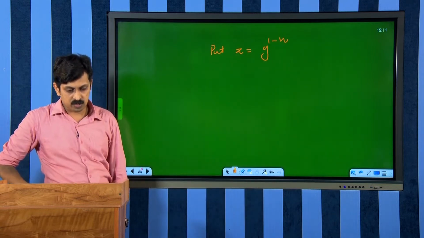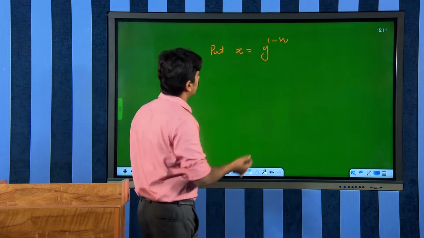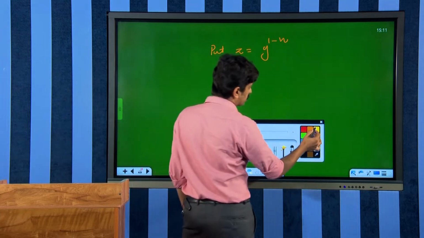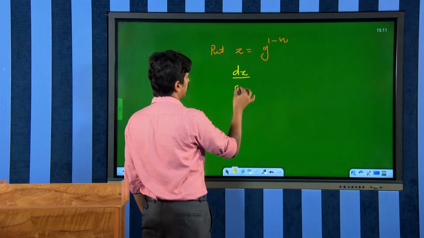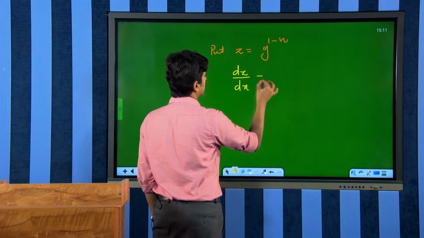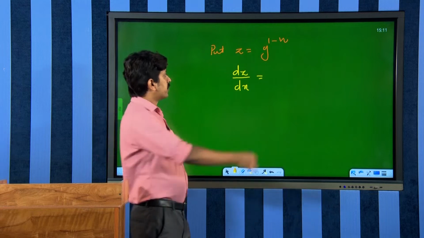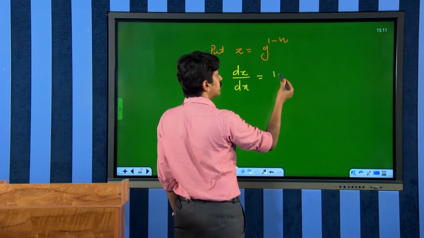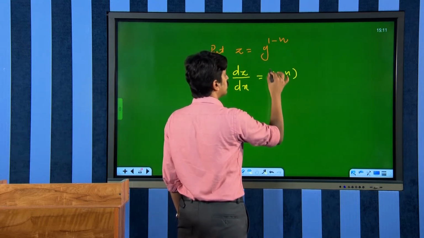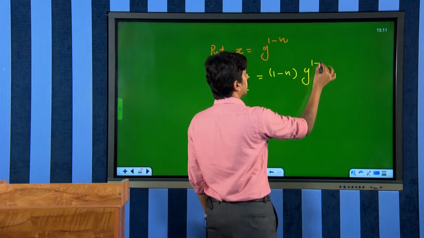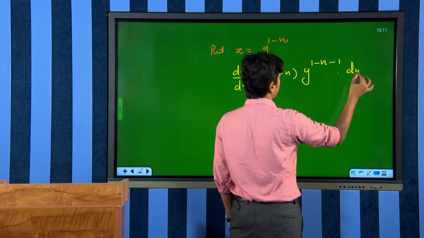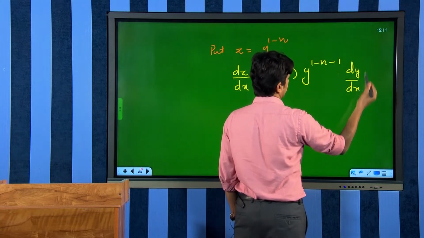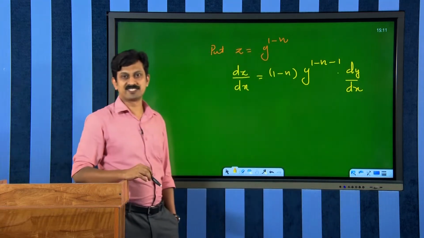So, dz divided by dx is equal to 1 minus n into y raised to 1 minus n minus 1 into dy by dx.